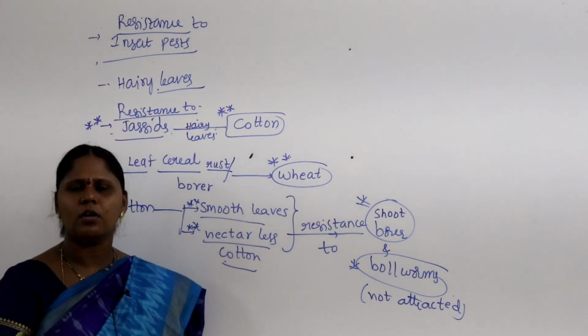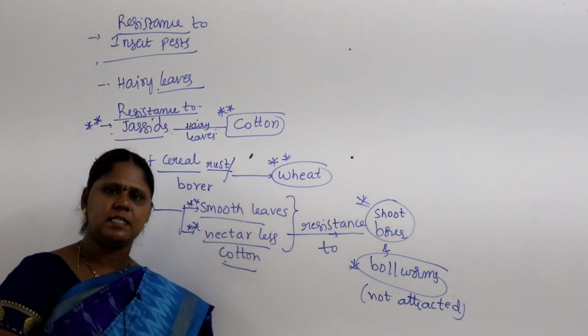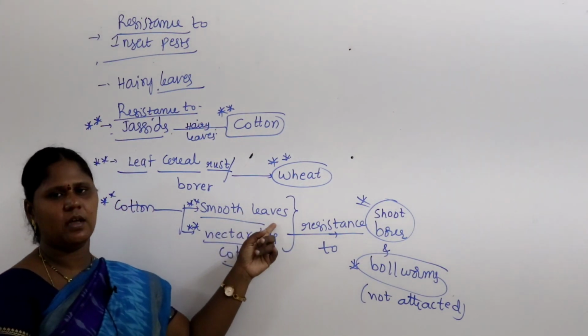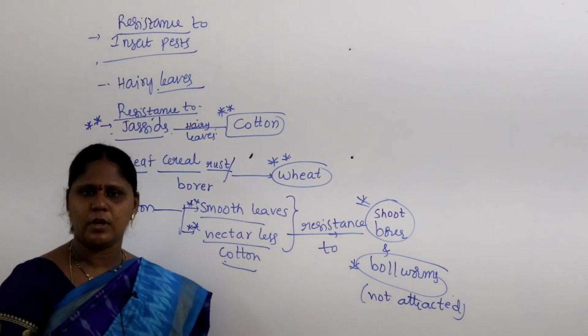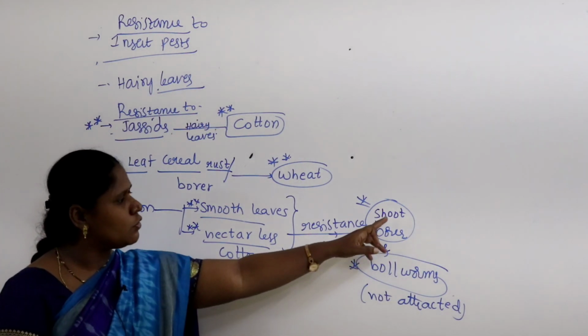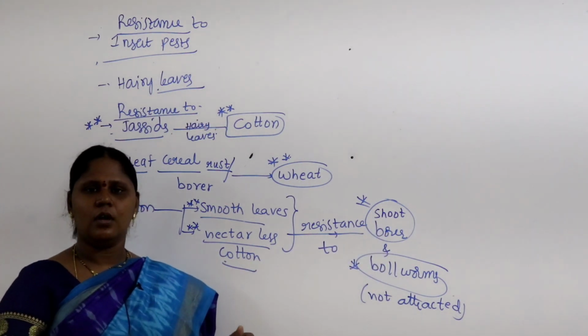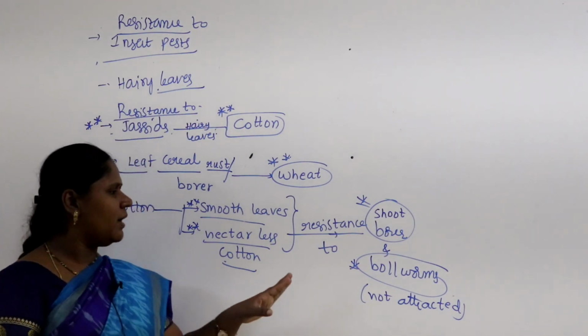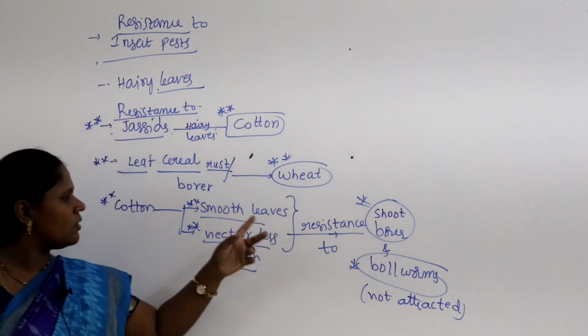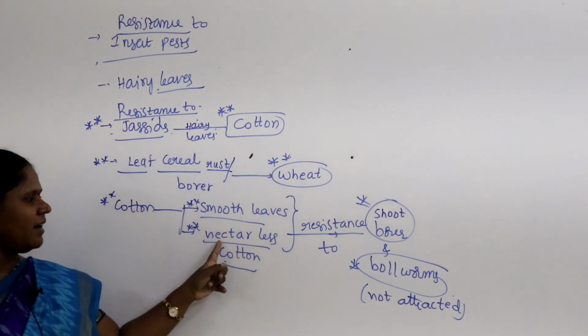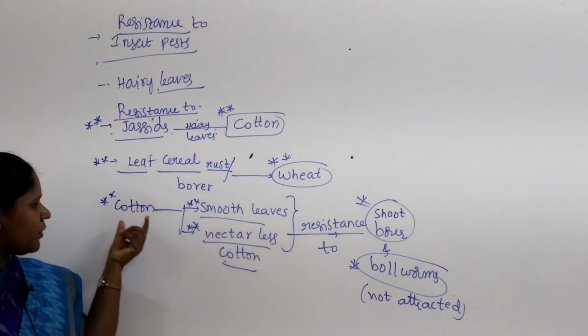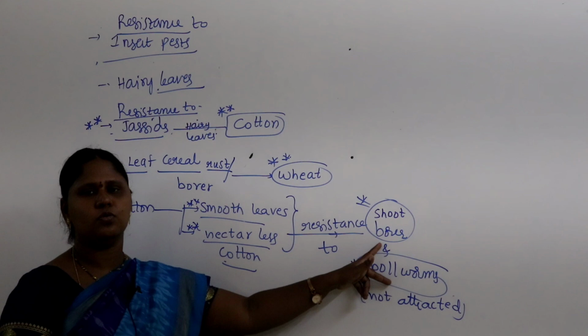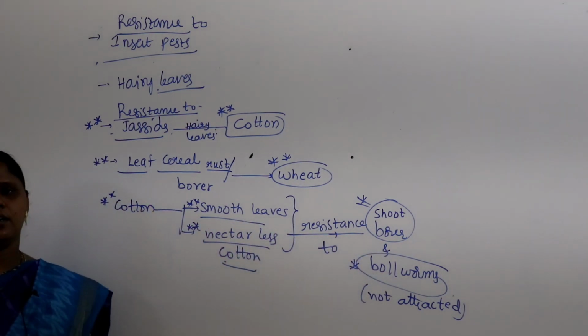They don't want to eat cotton because the cotton is not so tasty, right? Similarly, smooth leaves are there. So bollworms will not prefer to eat cotton, and also shoot borers, they will not prefer the cotton to get it damaged. Better they'll go out of that place because of these characters called smooth leaves and nectarless cotton. So if the cotton wants to get rid of these two, better to have these two characters.